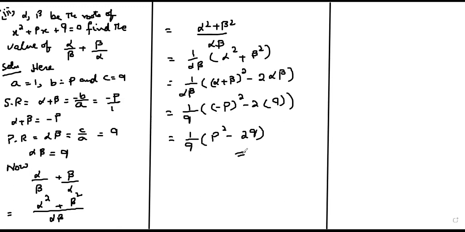Okay. Right. Now we'll do question number 2, part 1. This is the same question, but different values are given. So we will do it. Question number 2, part 1.